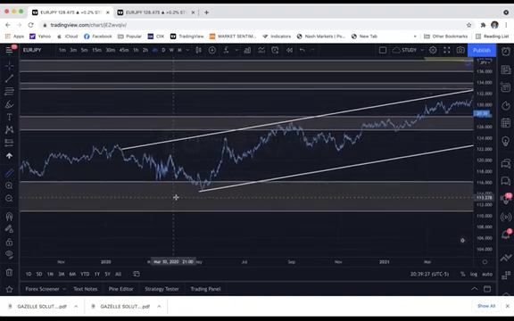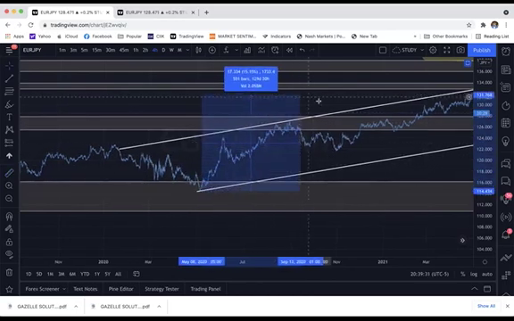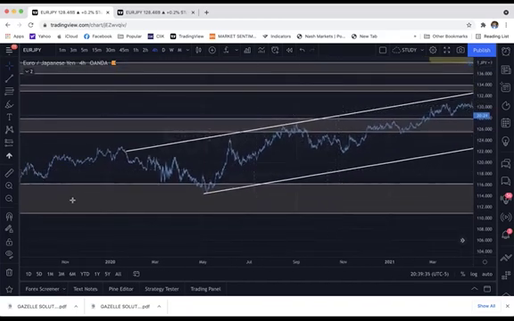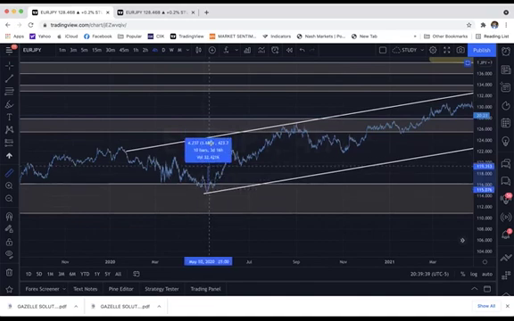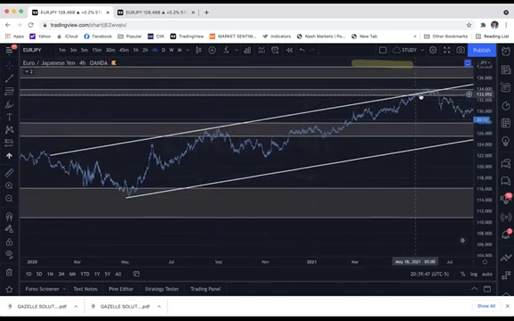I want to count this. I'm going to take it up to this level. Look at that, guys. 1,800 pips till it went up to this level in reverse.